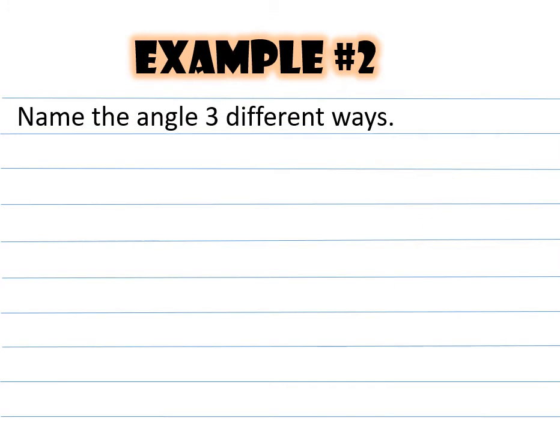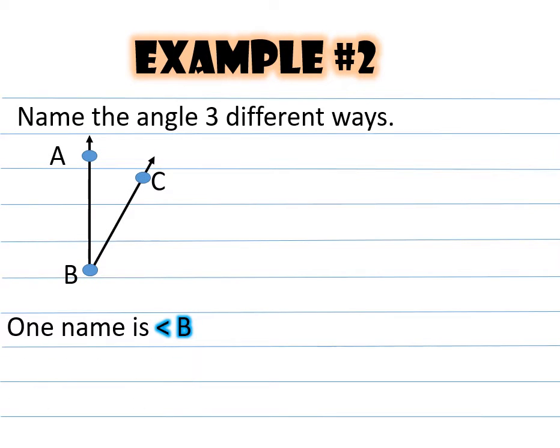Example number 2. Name the angle 3 different ways. One name you could call this is angle B, because that's the vertex. You could also call this angle ABC.